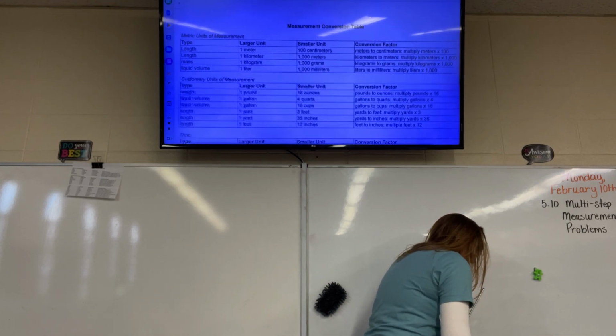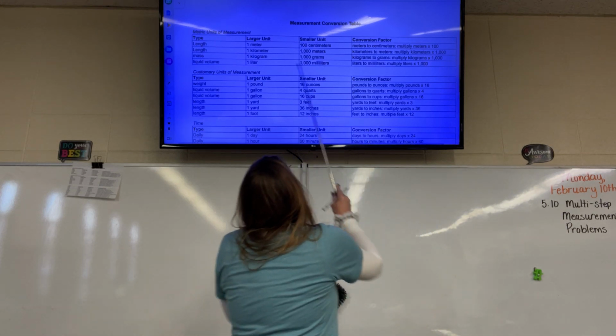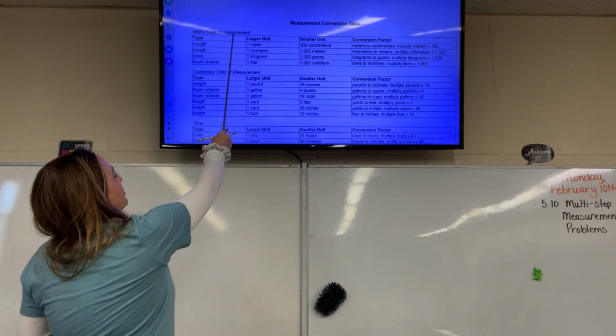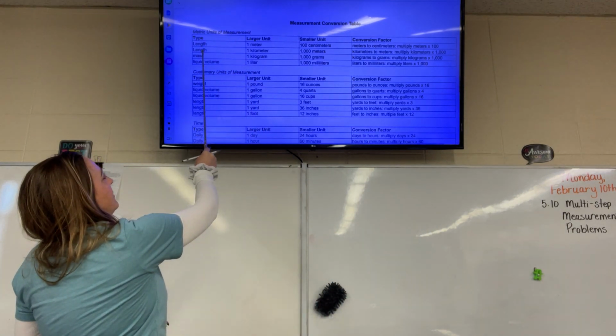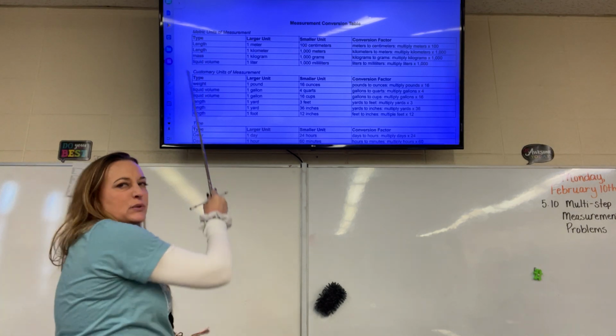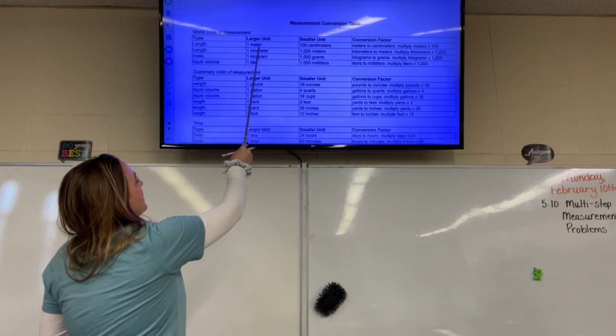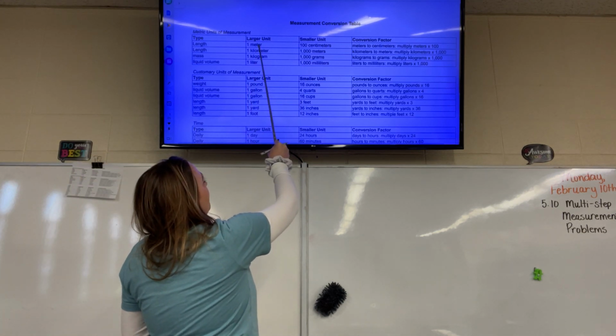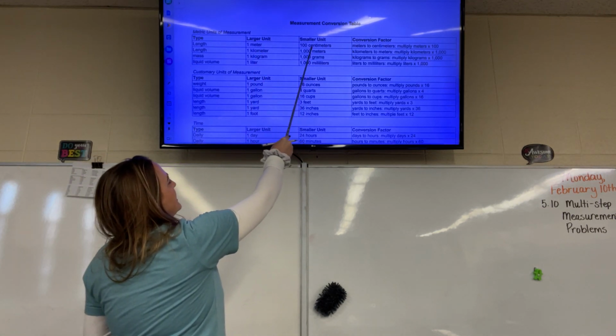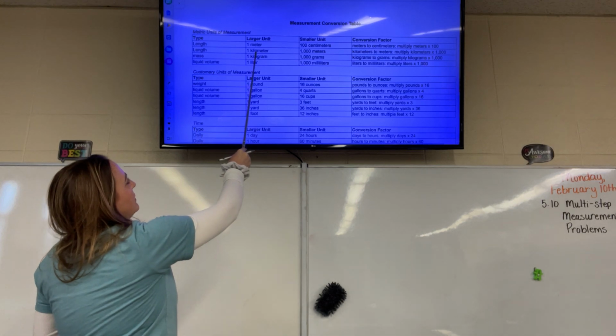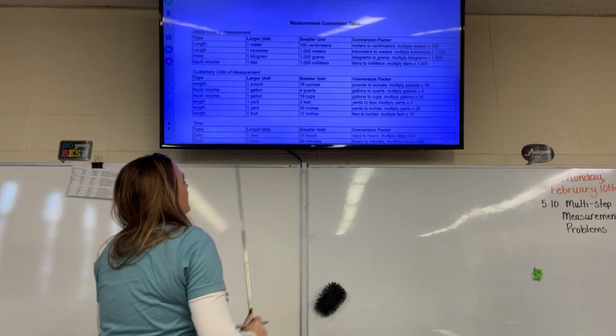And you see where it says at the top, these are metric units of measurement: length, mass, which is like weight, and liquid volume. So over here we've got 1 meter is 100 centimeters and 1 kilometer is 1,000 meters.